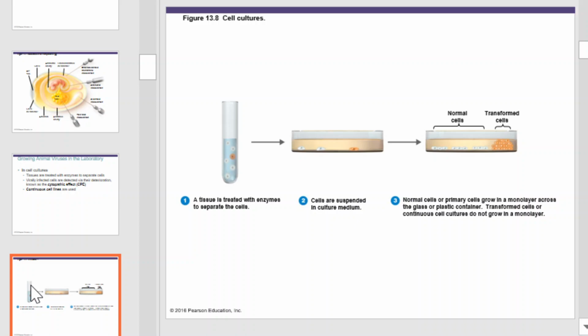The tissue is treated with enzymes to separate the cells. The cells are suspended in a culture medium. The normal cells, or primary cells, grow in a monolayer across the glass or plastic container. Transformed cells, or continuous cell cultures, do not grow in a monolayer.